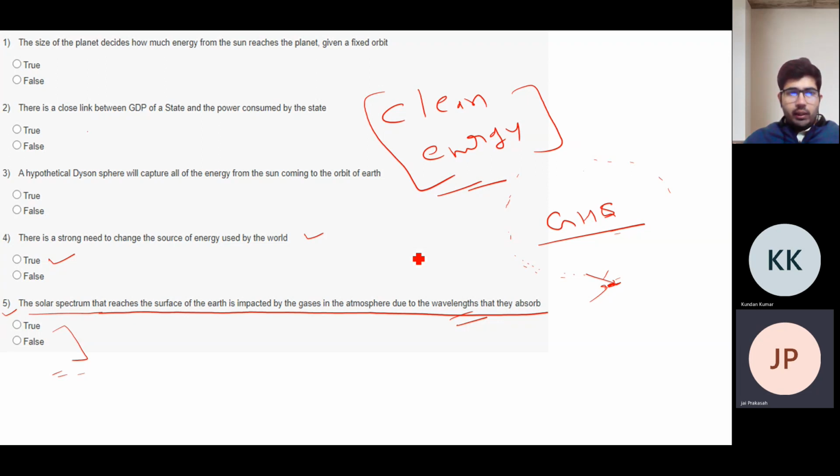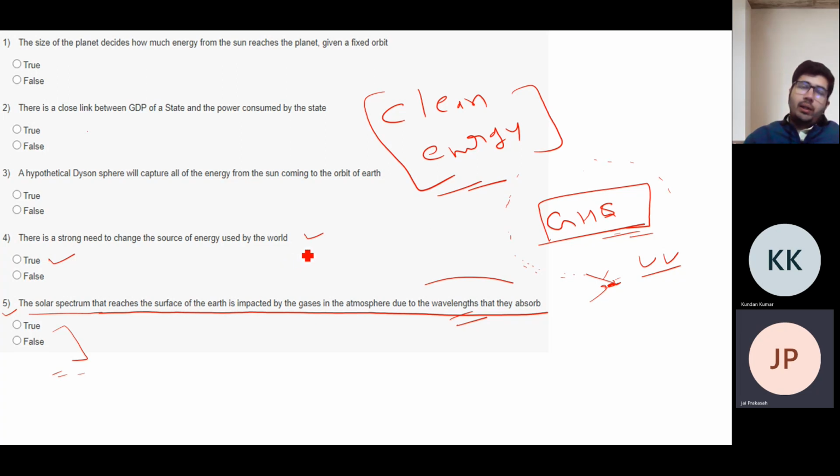So yes, this statement is true. The solar spectrum that reaches the surface of the Earth is impacted by the gases in the atmosphere due to the wavelength that they absorb. Because the GHG gases absorb the infrared wavelength, they will not absorb the UV wavelength or other wavelengths. So they are sensitive to the wavelengths.